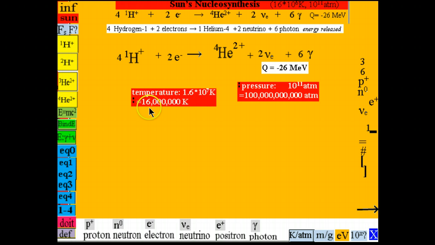The temperature has to be 16 million degrees Kelvin, which is about the same as Celsius, and the pressure has to be 100 billion times. That means 100 billion times the pressure of what you have on Earth. And only under these extreme conditions, the nuclear fusion of hydrogen into helium occurs.